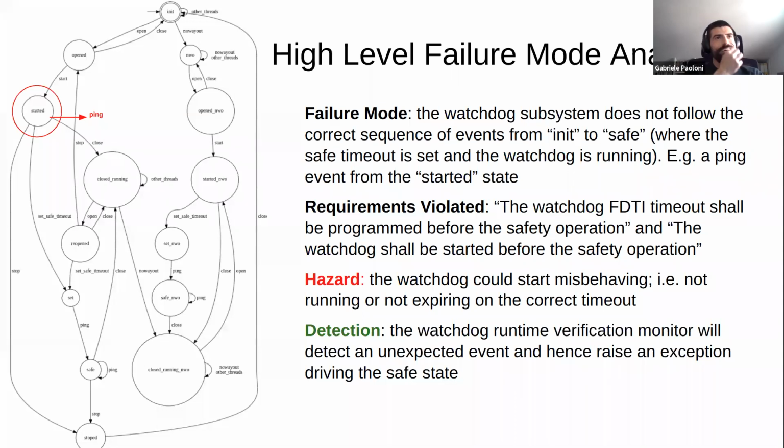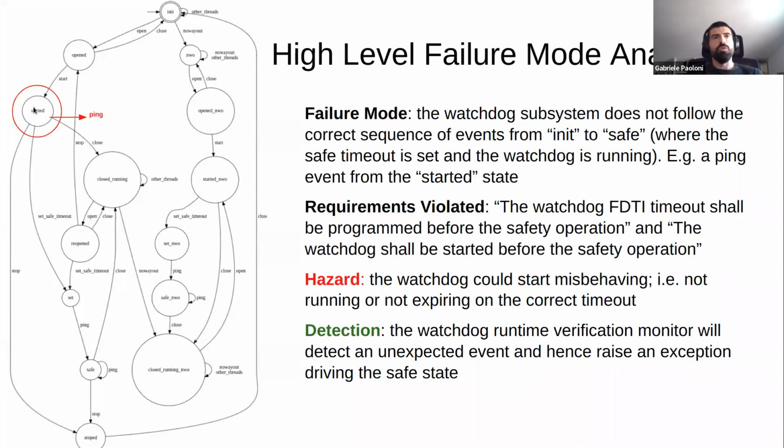Anyway, so this is the second failure mode. Let's assume that for any reason, the Watchdog subsystem does not follow the correct sequence of events from init to safe. If you look at the diagram, there is a sequence of events before we end up in the safe state and we can start the safe operation.